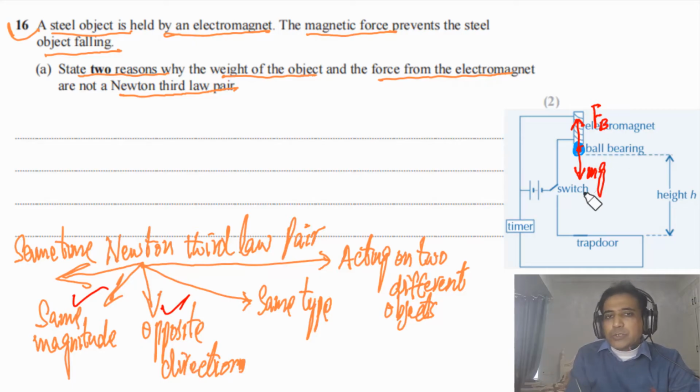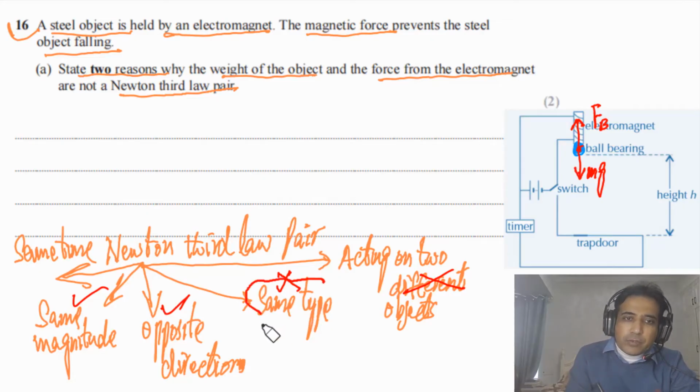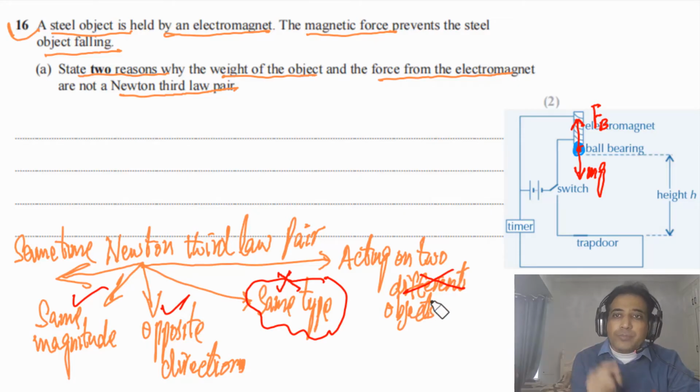But these 2 forces are not of the same type, so this condition is not satisfied. They need to act on 2 different objects, but they are acting on the same object, so this condition is also not satisfied. So these 2 forces do not form a Newton's third law pair, because they are different types of forces and they are acting on the same object.